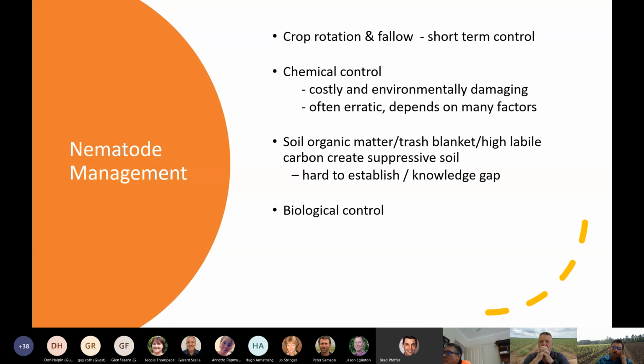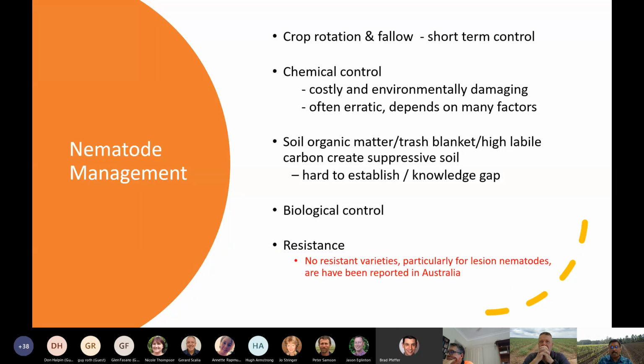So what about biological control? There is some preliminary work being done in different areas, and biological control may be effective. I'm going to talk about these things a little bit later. And then we have resistant varieties, which could be nice if you have them.